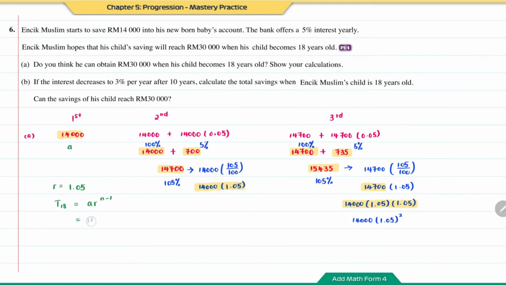So here the A is going to be 14,000. The R is going to be 1.05. So n minus 1 here will be 18 minus 1, which is 17. So multiply this, you're going to get the amount of money will be RM 32,088 and 26 cents. So yes, Inject Muslim can obtain RM 30,000 when his child becomes 18 years old.